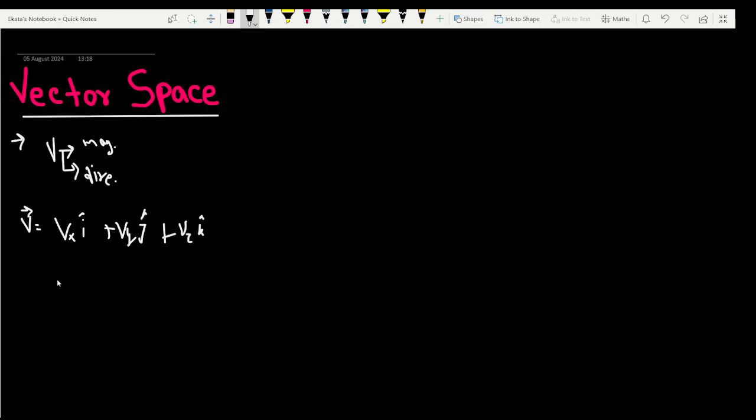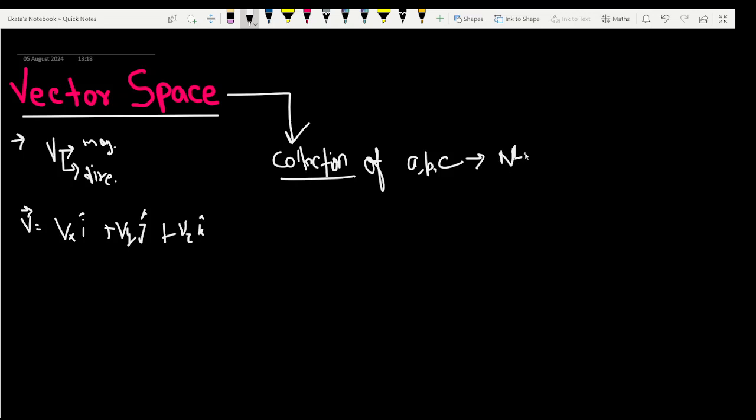So what is a vector space now? This is the basic meaning of vectors: how we can represent a vector in three dimensions by unit vectors. Generally, a vector space is a collection of vectors A, B, C, D, any vectors, in n dimensions.